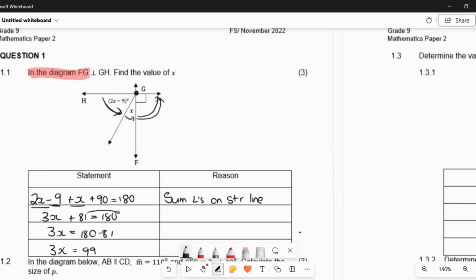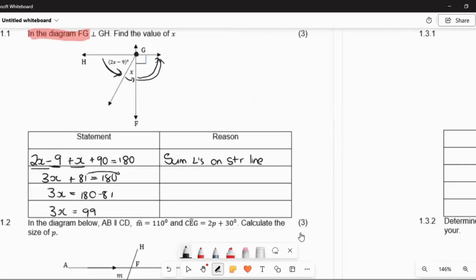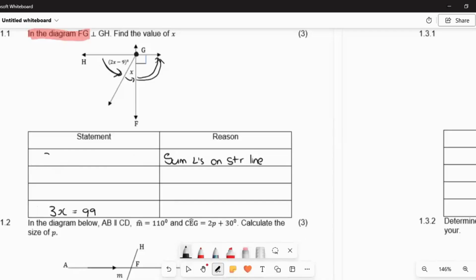And then from there, let me just erase to create enough space. Nicest part is that this thing is a video, so you can just go back and see what we previously did. So we said we have 3x is equals to 99.